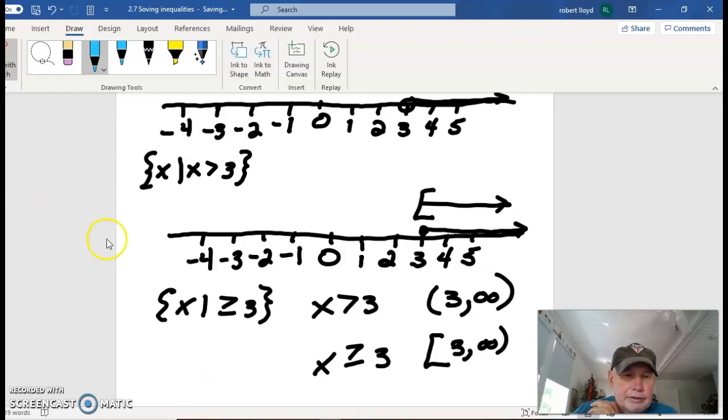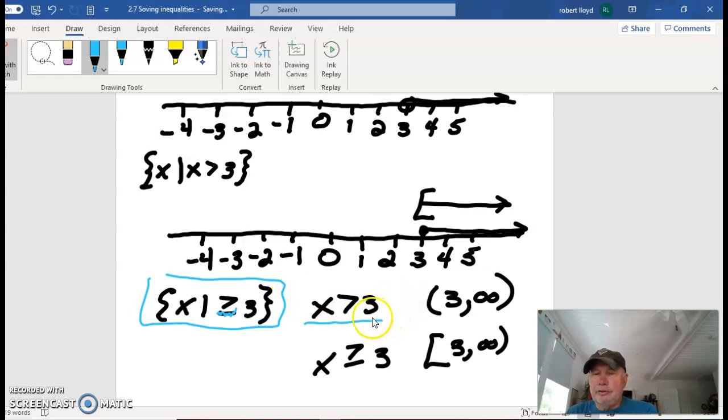I believe on Alex, you will see it like this. The set of all x's such that x is greater than or equal to 3. So x is greater than, I'm sorry, no equal there. Let's take that one out.